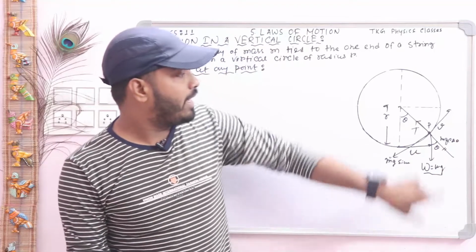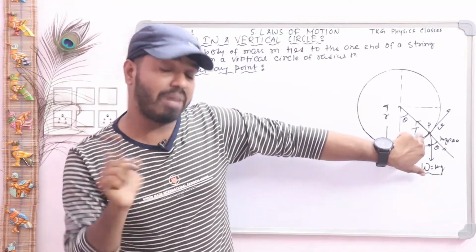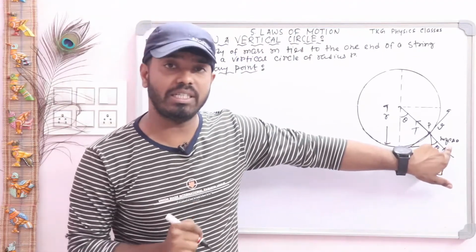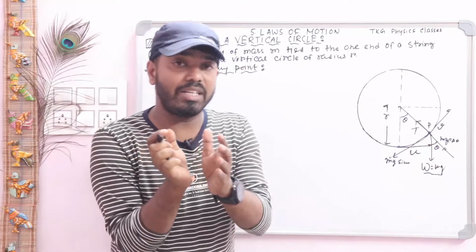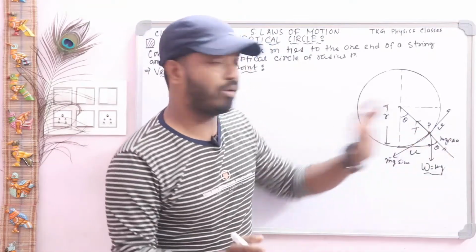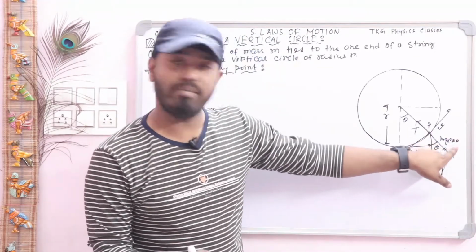Here tension is directed inward, so tension must provide the centripetal force, but in the opposite direction there is another force, mg cos theta. So what is the net force in the inward direction? Tension inward, mg cos theta outward. So the net force is T minus mg cos theta.